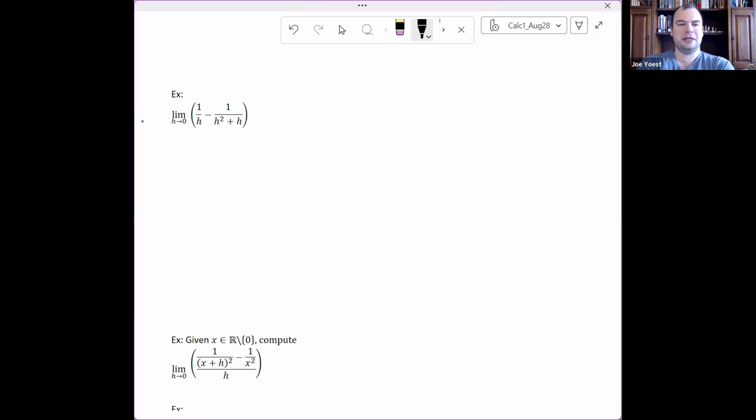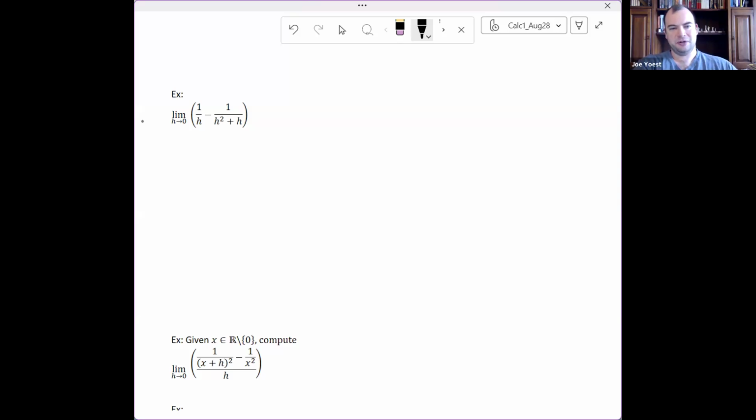Might be tempted to do that. But remember that property of splitting up sums or bringing constants out, which we're doing in conjunction if we split up a subtraction. That really only applies if my resulting two limits both exist, they're both real numbers.